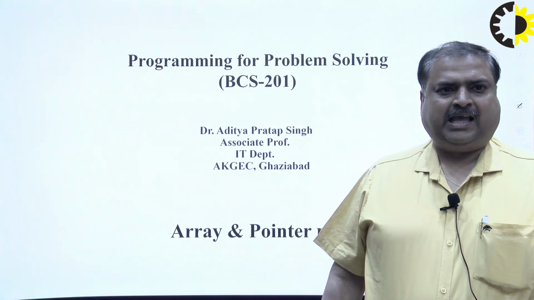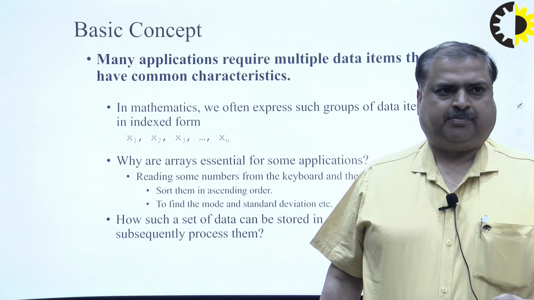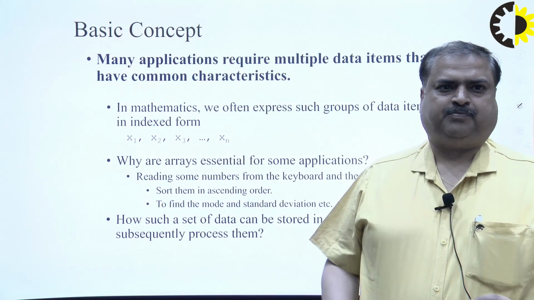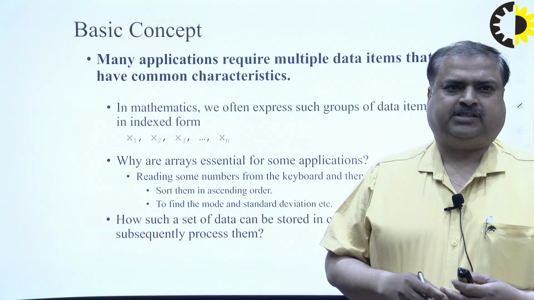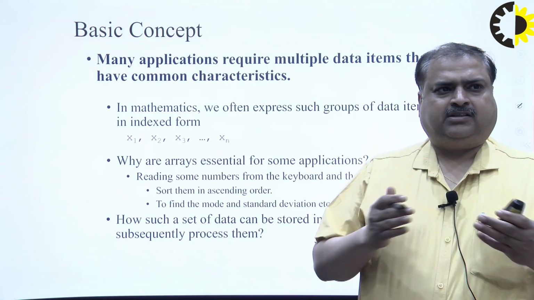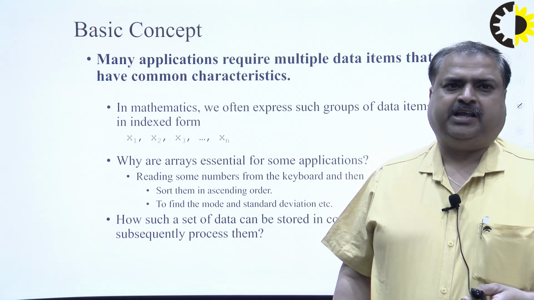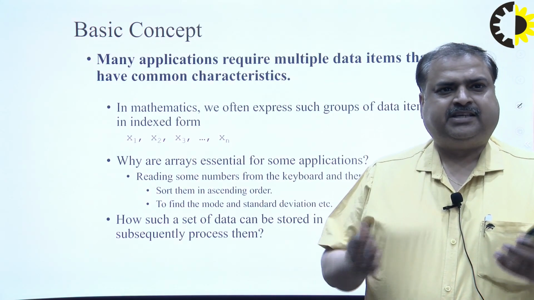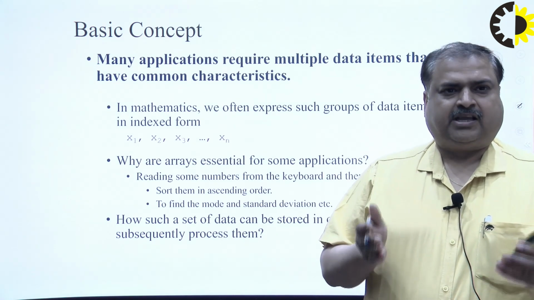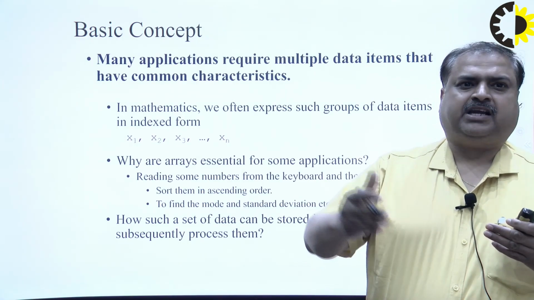What is an array? First we start with arrays, then we will move on to the pointer part. The basic concept is that sometimes we require similar kinds of elements to be used in an application. These data items can have some common characteristics and belong to a similar type, but multiple such data items are required.